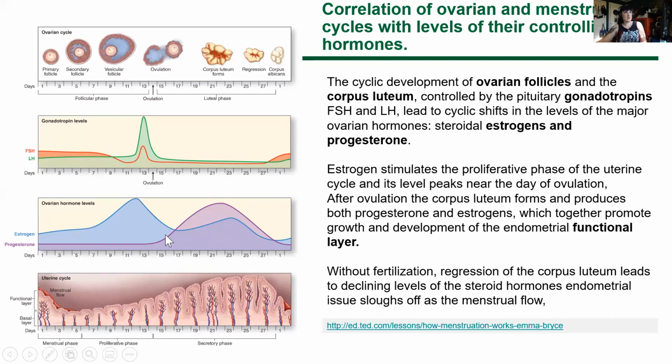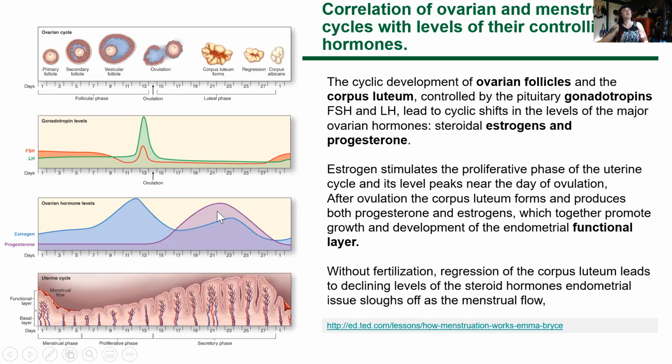And as we can see here, after ovulation, when progesterone really gets going, now the uterus is extra sensitive to that progesterone. So during the secretory phase, it experiences much more rapid growth due to that progesterone sensitivity.